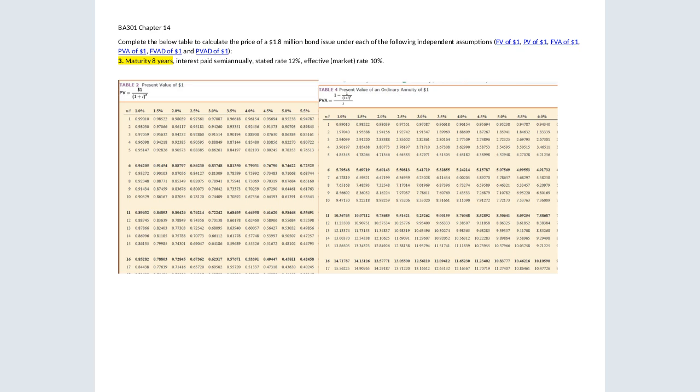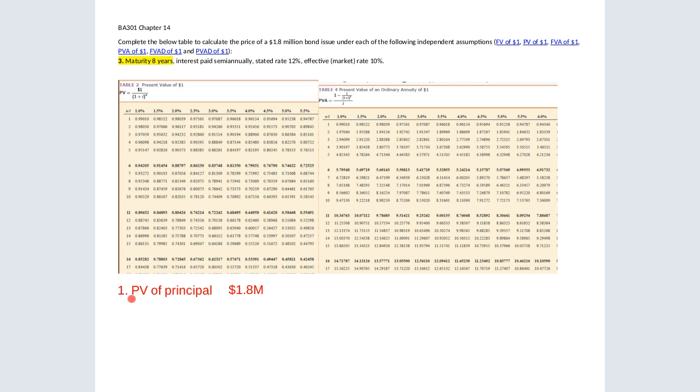The first step is the present value of the principal amount. So what is our principal amount? $1.8 million, right? All right. And we can go to the table.